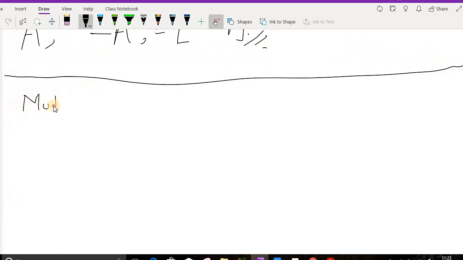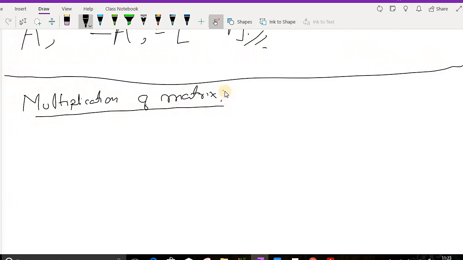Next we have multiplication of matrices. Matrix multiplication is very important. Here also, in case of addition, what was the condition?